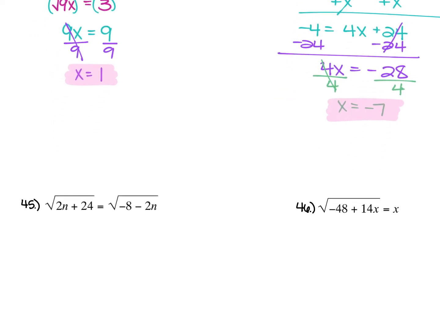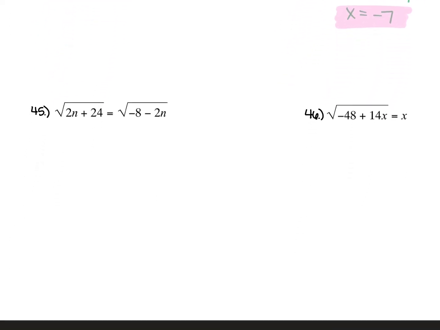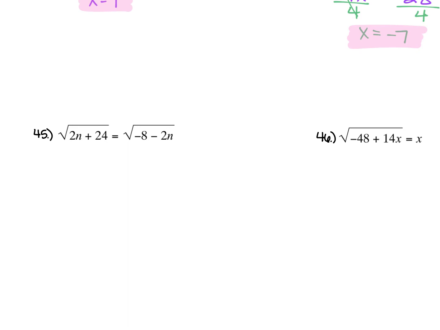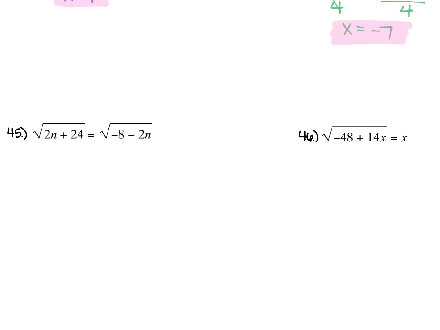For 45, you have the square root of 2n plus 24 is equal to the square root of negative 8 minus 2n. We're going to start this one by taking each side and squaring it, getting rid of those radicals. So you'll have 2n plus 24 is equal to negative 8 minus 2n.